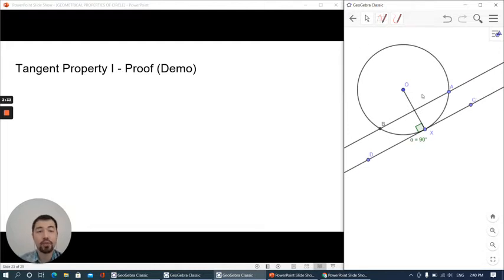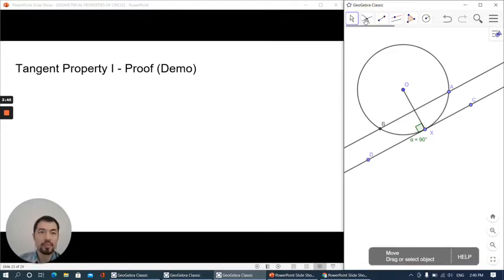And what do we know about the chord and a line that's perpendicular to the chord? They're bisecting, right? It passes through the center.